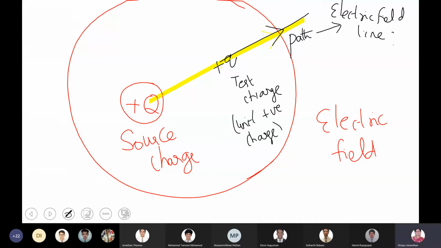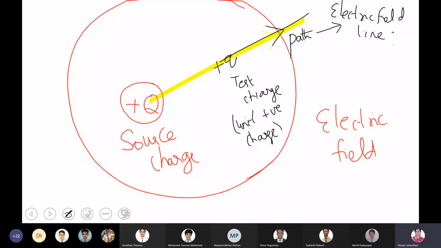Is that fine? Yes, ma'am. Just write, boys. What is an electric field line?